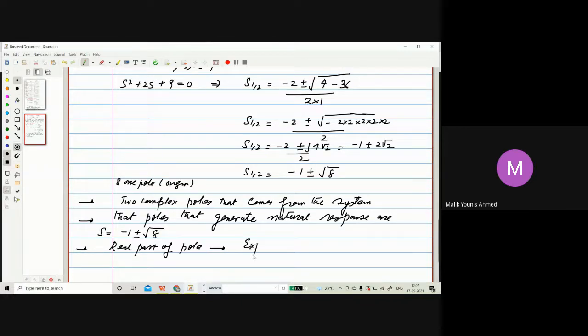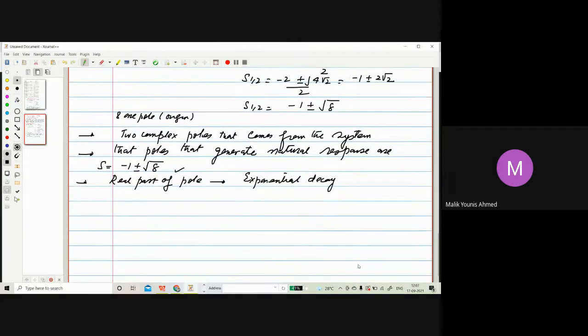So the exponential decay will be generated by the real part of the pole. I'm repeating again, the real part of the pole will be responsible for exponential decay that will be generated by the real part of the complex pole pair. So I'm writing in simple words.